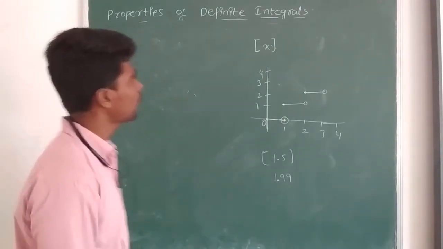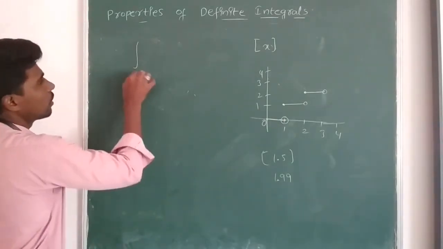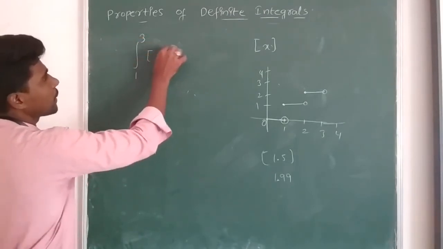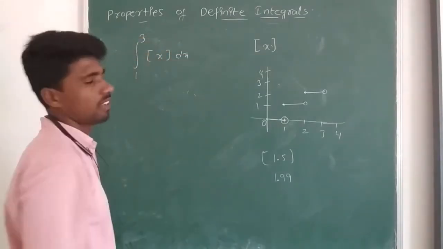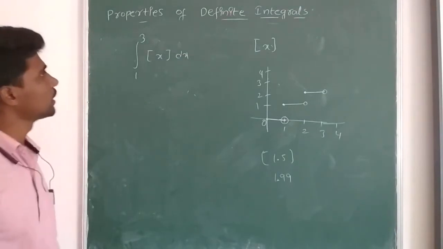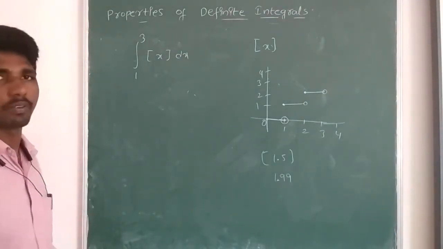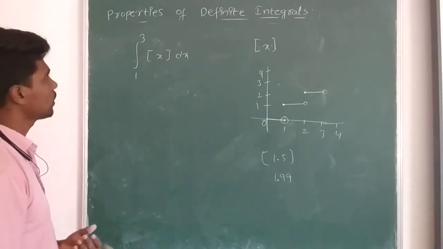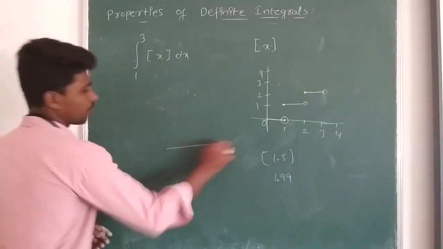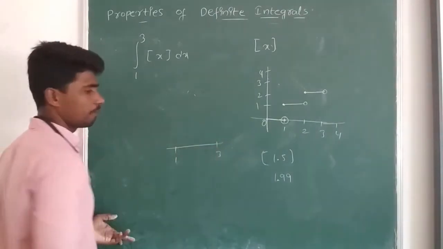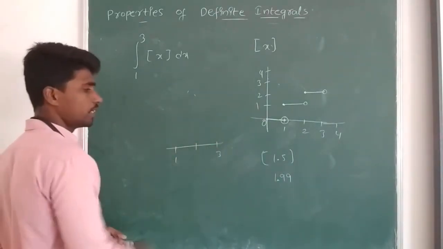Now if I want to evaluate the integral from 1 to 3 of step x dx, we have to find out how it behaves in the interval 1 to 3. From 1 to 3 we have only one integer, which is 2.